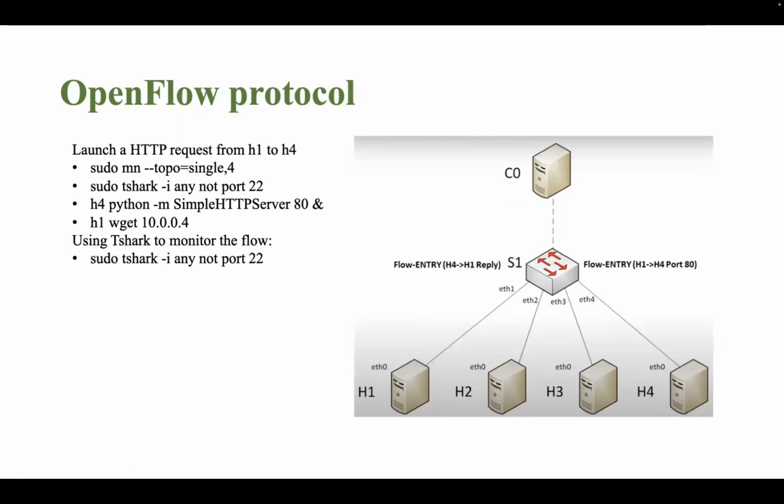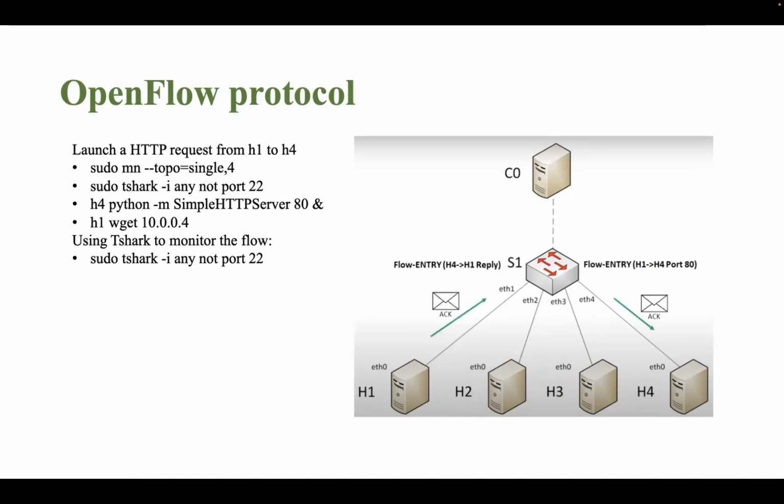So after this sending and sending back and the response, the switch will know what to do with the future similar packets from H1 to H4 or H4 to H1.